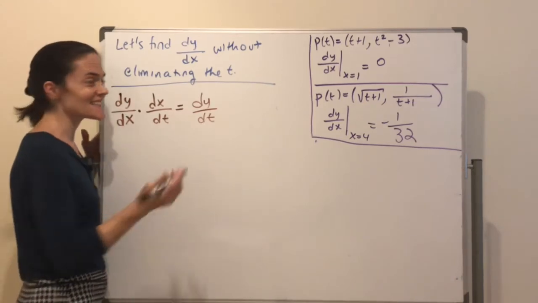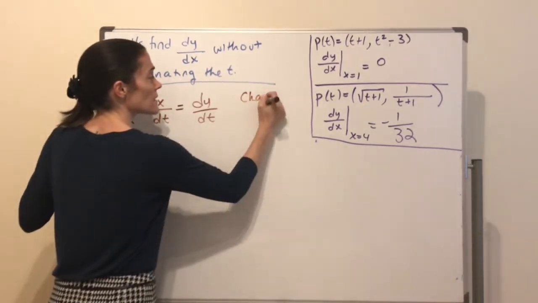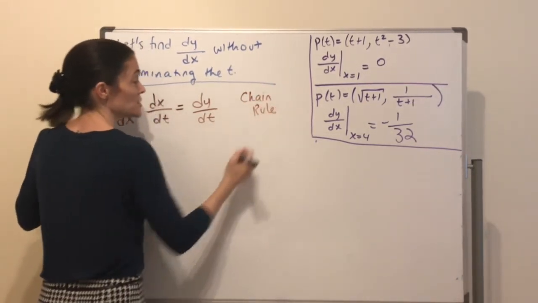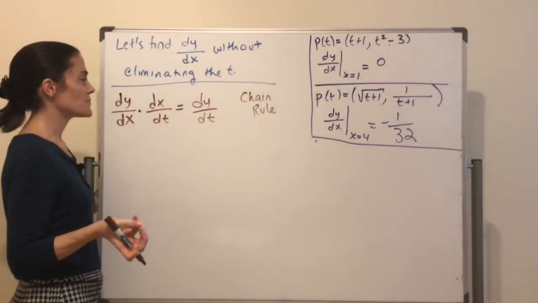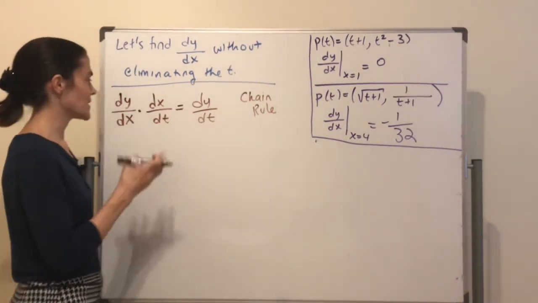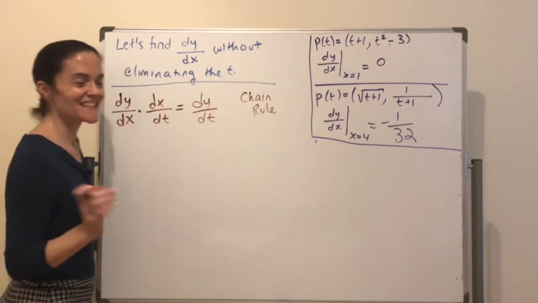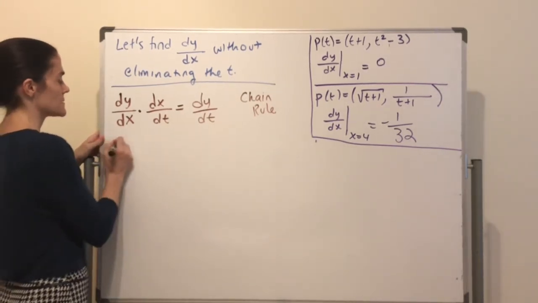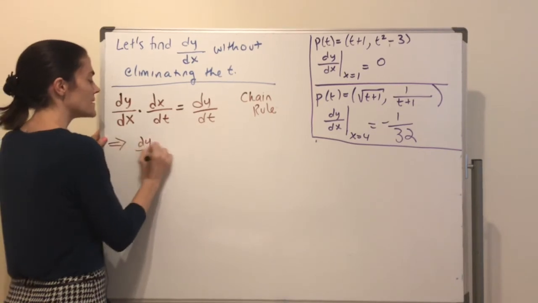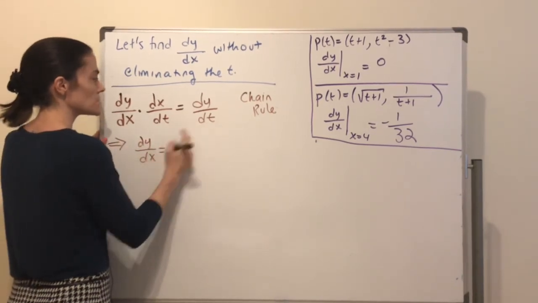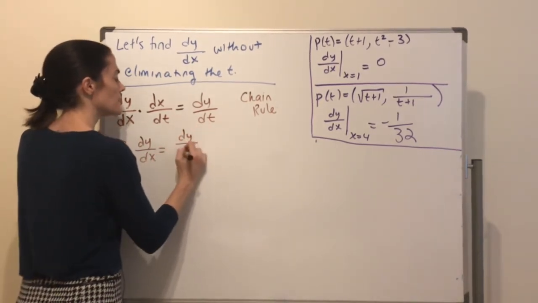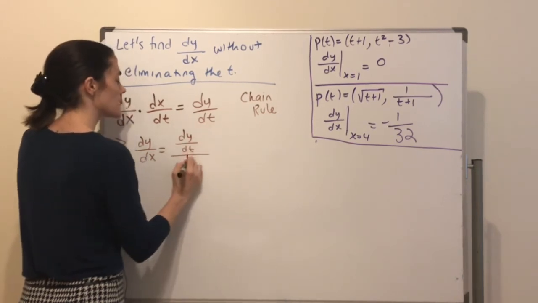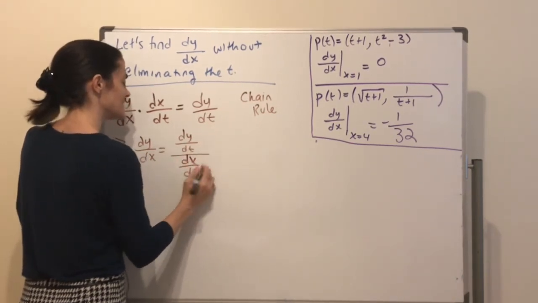This is the chain rule. This was our way of writing the chain rule in terms of this d/dt notation, okay? Now, if we just solve for dy dx, we get dy dx equals dy dt divided by dx dt.